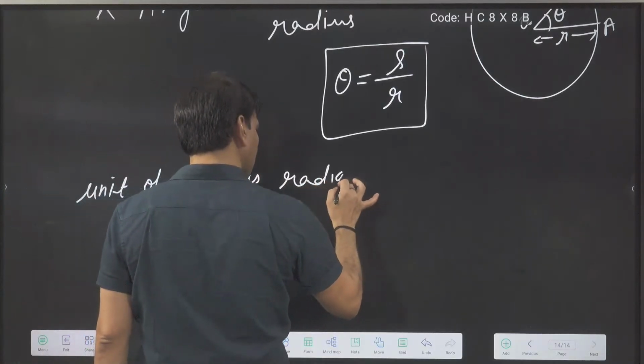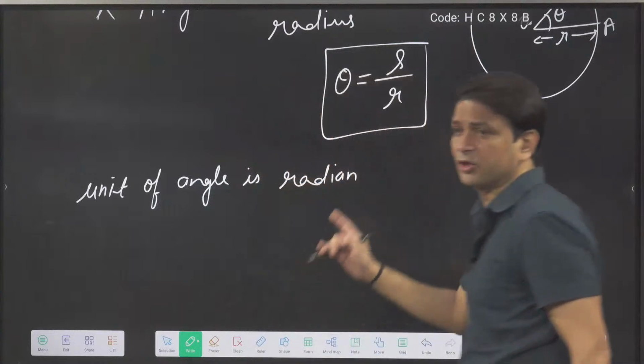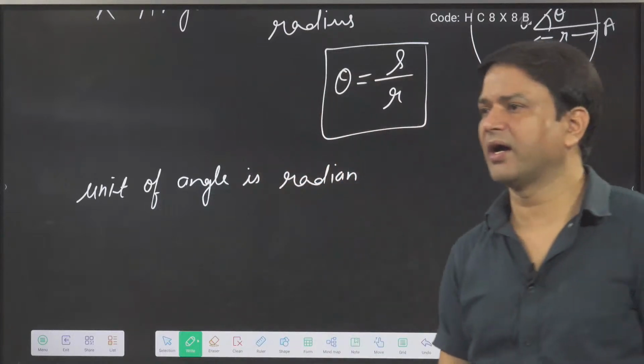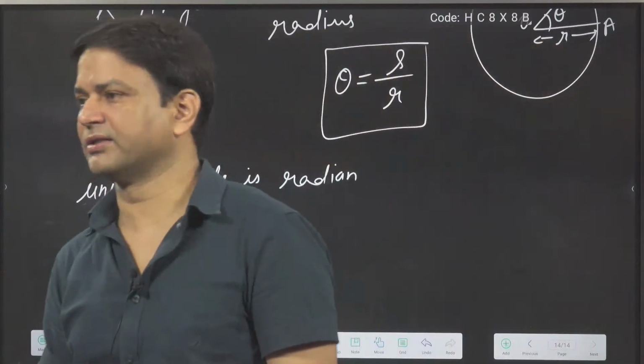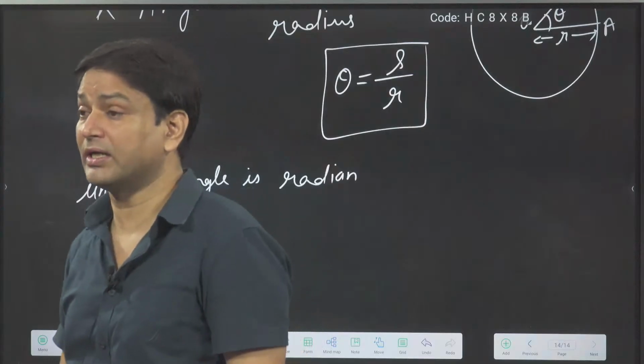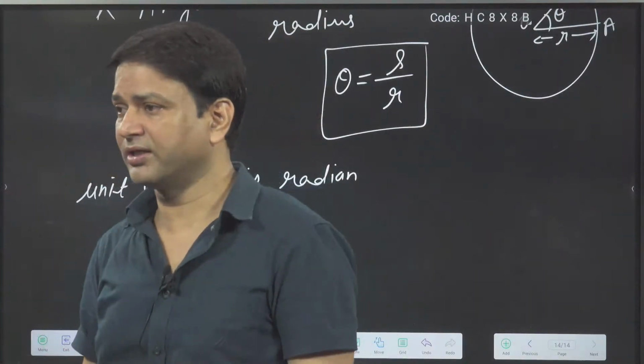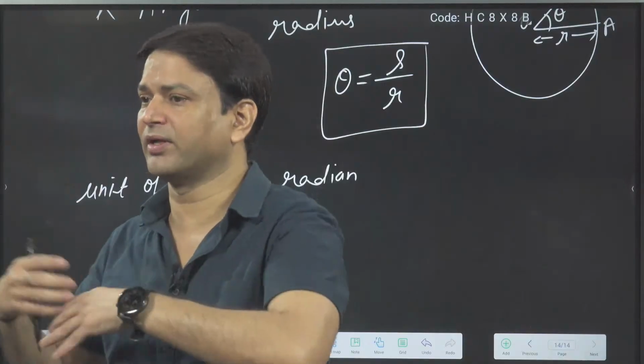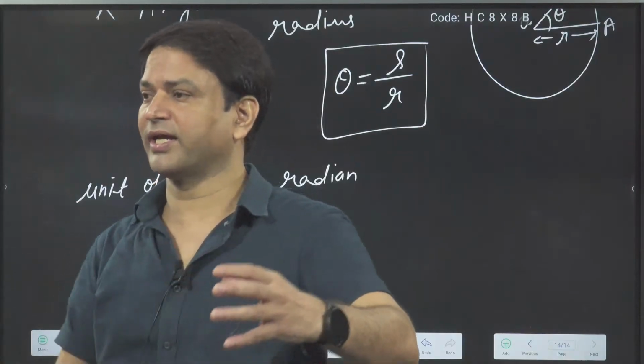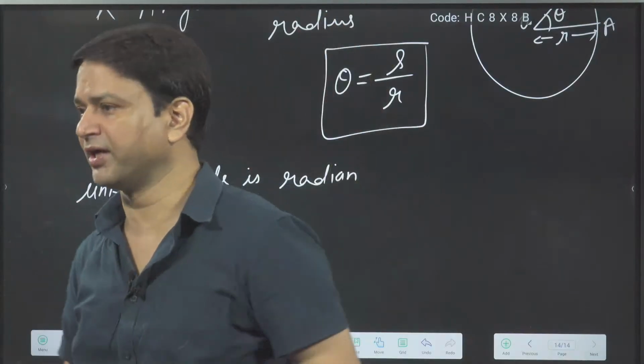So when we are using this formula, theta, angle is equal to arc upon radius, by default we will not get degree directly in the calculation. Degree you will get only in one place, like if you say 30 degree by 2, then you will write 15 degree.